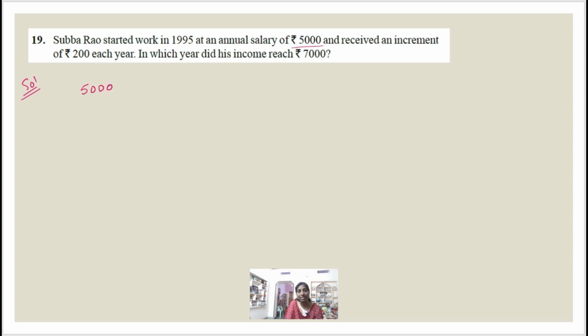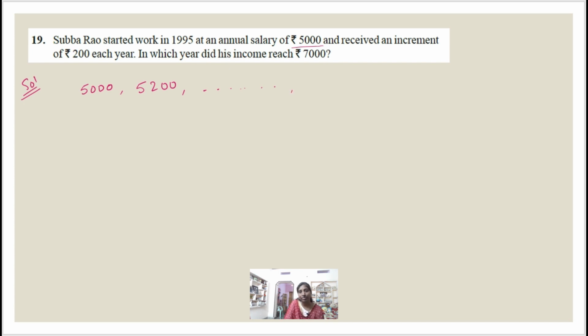So this is the first term, and he received an increment of rupees 200 each year. So it means this is the common difference. It means next year he will get 5,200, and so on.